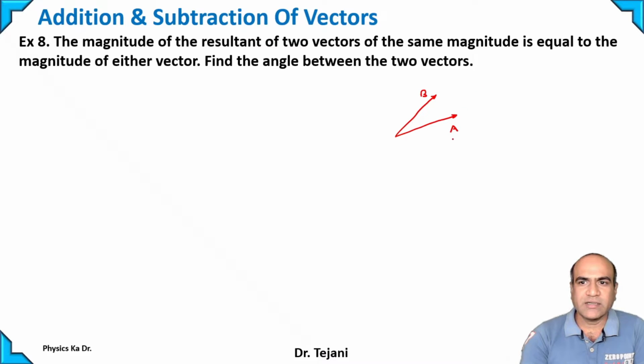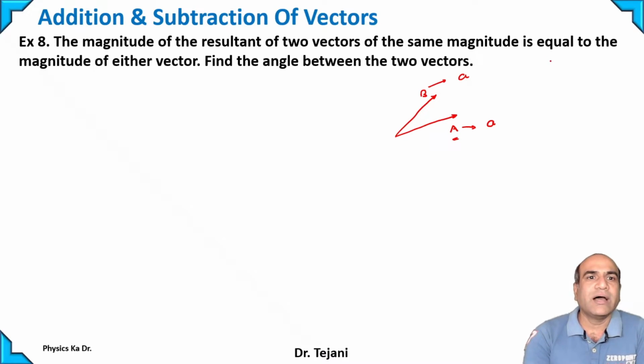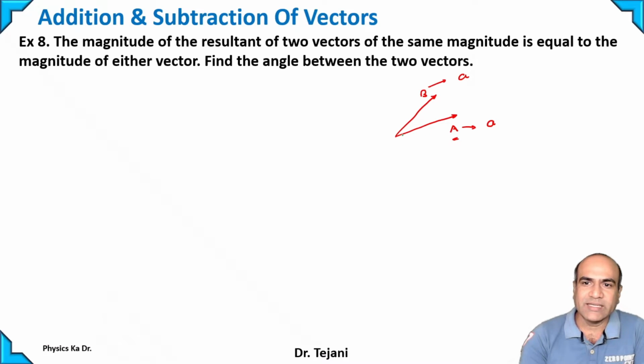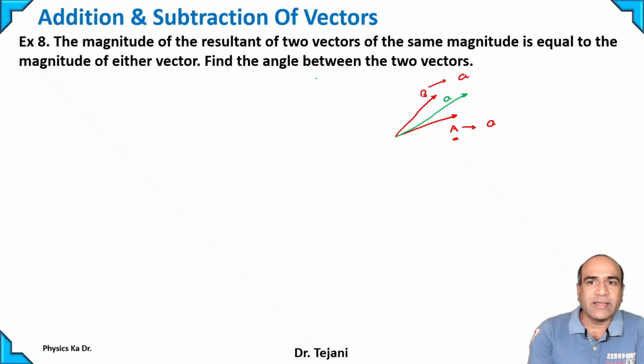That means, for example, A has magnitude A and B also has magnitude A, so both are equal to the magnitude of either vector. That means the resultant magnitude is also similar, and that also becomes A. At what angle? Find the angle between the two vectors.